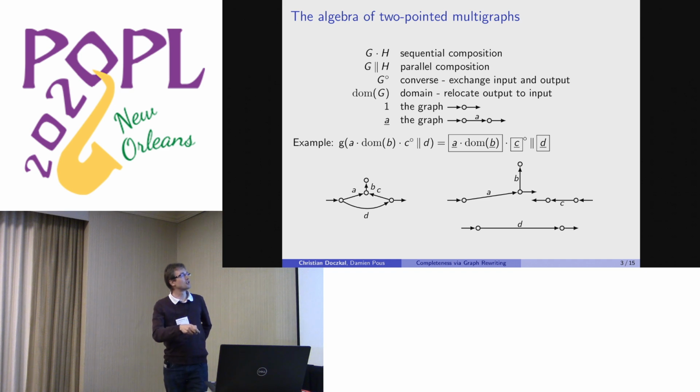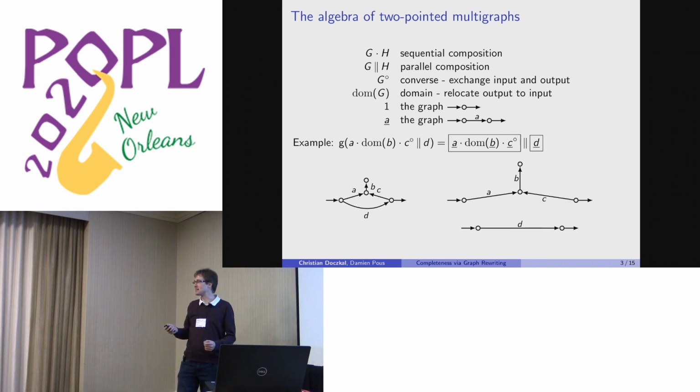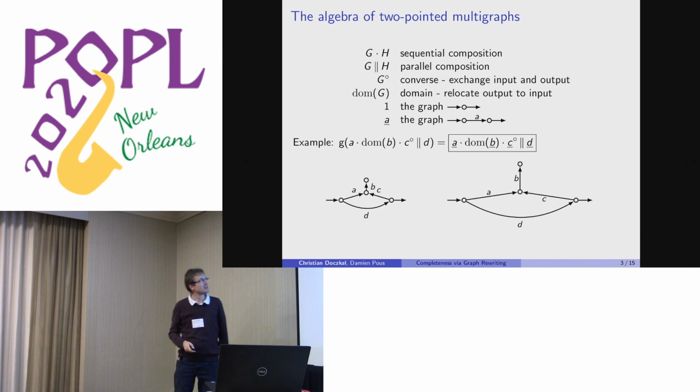Then for converse, you swap the roles of input and output. So now you essentially have an atom where the arrow goes the other way. Then you have another sequential composition. And for parallel composition, rather than identifying output and input, you identify the respective inputs and outputs. And this shows that we have constructed this graph, which indeed is the graph I wanted to construct.